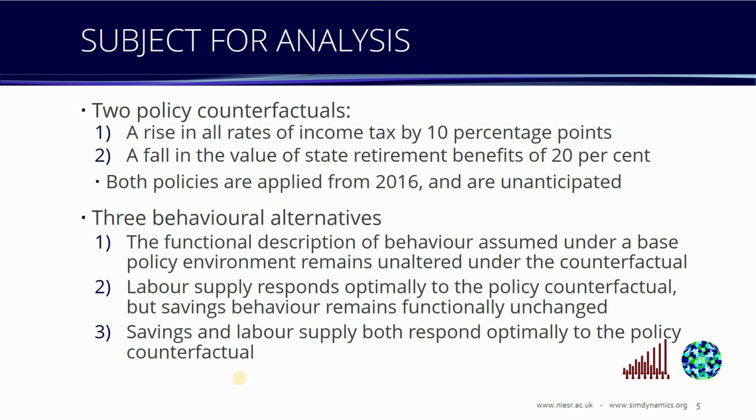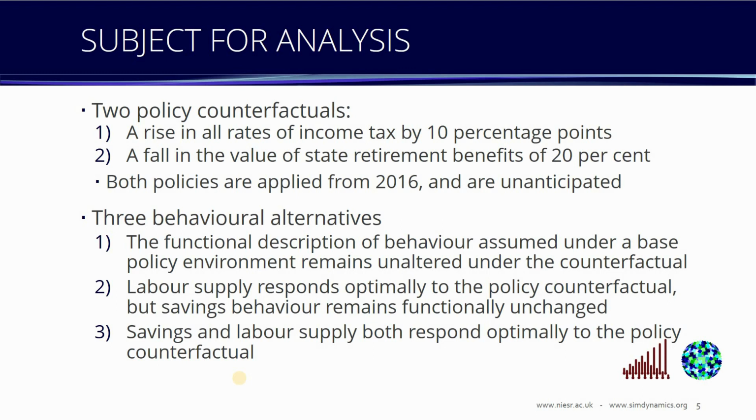The behavioral alternatives that are assumed. The first is a functional description of behavior under the base policy environment that remains unaltered under the counterfactual policy environment. So basically this behavioral alternative is assumed to capture the kind of econometric reduced form approach that has been popular in the classical literature.